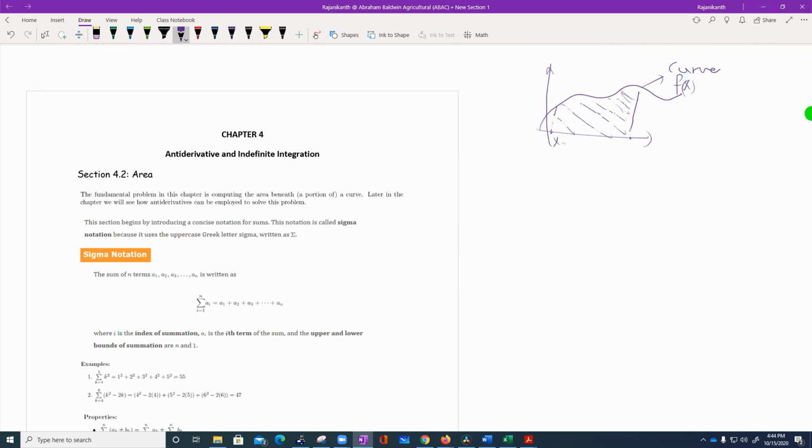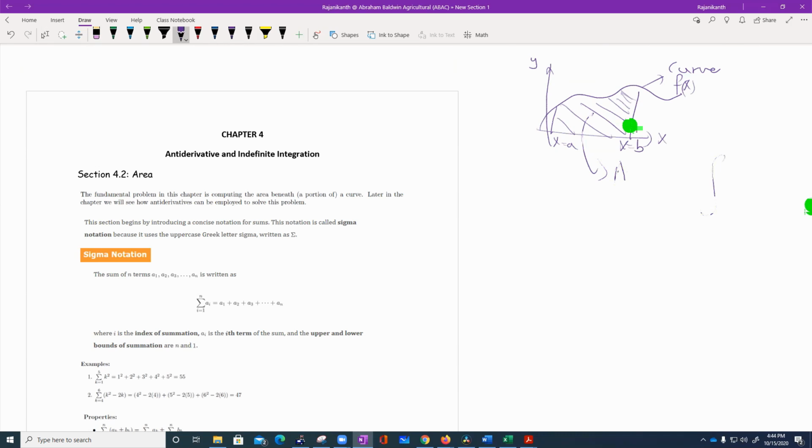Suppose you want to find the area of this curve f(x) from x equals a to b. How do you find this area? Now we are going to use the calculus tool to find the area of the curve under the given conditions, right? So how do you find this area? Well, I'm going to use the integrations, okay?